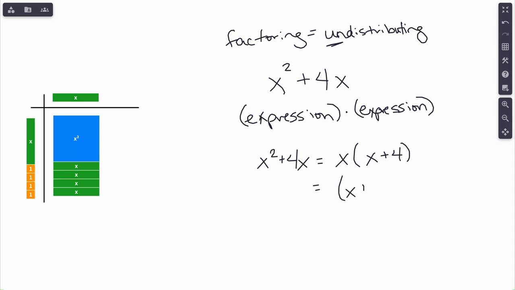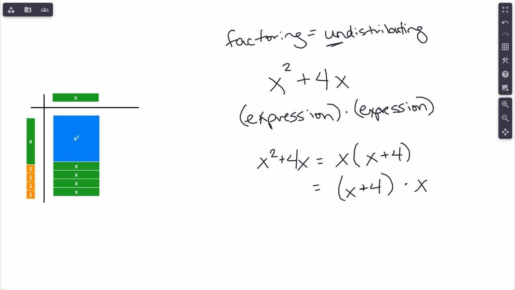Or maybe I write it x plus 4 down times x across, whichever way you prefer to write it. The first way is a little bit more standard, a little more polished, a little more sophisticated, but either way is correct. They both mean the same thing because, as we know from before, we can multiply in whichever order we want.